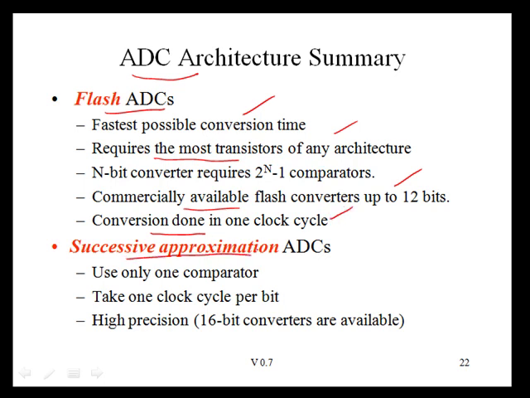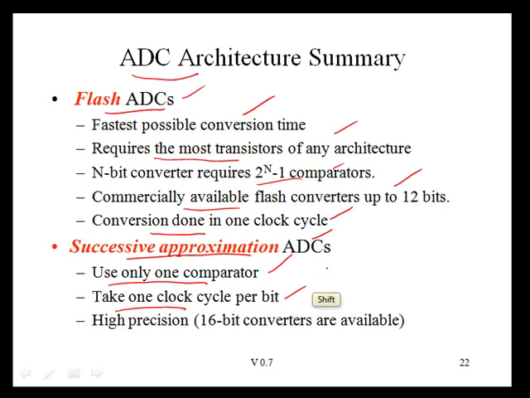A successive approximation ADC, on the other hand, has a good trade-off between its performance versus the number of transistors it takes to implement. It takes 1 clock cycle per bit, which is better when compared against a counter-ramp ADC, which could take up to 2 to the n clock cycles for a conversion. And it only uses 1 comparator, which is good when compared against a flash ADC, which requires 2 to the n minus 1 comparators.